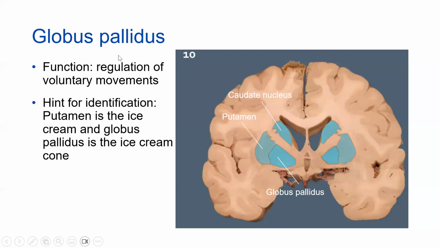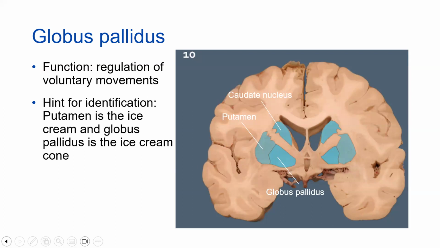Globus pallidus is, again, movement related. A little bit of a hint for identification: the globus pallidus is kind of like the ice cream cone, whereas the putamen is like the ice cream. I don't know if that's helpful. That's just what helped me when I was learning it.